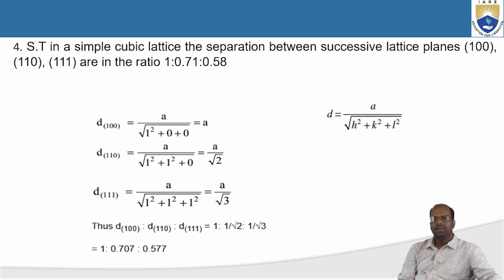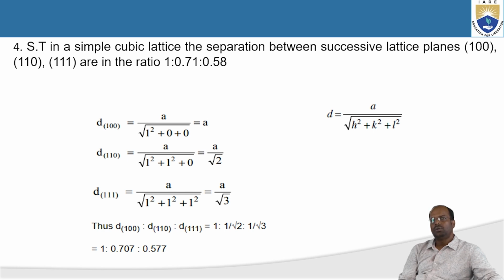D is equal to A by square root of H square plus K square plus L square. D is the interplanar spacing, A is the lattice constant, and HKL are the Miller indices of the planes.